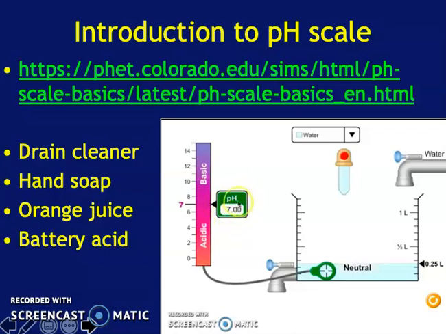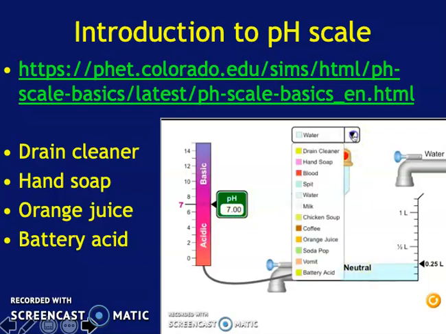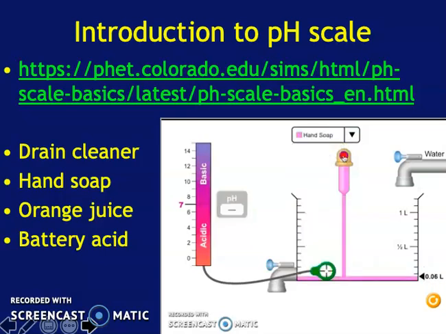And this is green for 7. Unfortunately, when we do acids and bases, they will also be green, but neutral. If you can think of neutral as being green with universal indicator, that will be really, really helpful to you. So we are going to start with things that we did the last day. We'll go with hand soap, stuff that we would use at home to wash our hands, and you will see that here, we knew it was a base, but now this has a pH number of 10.